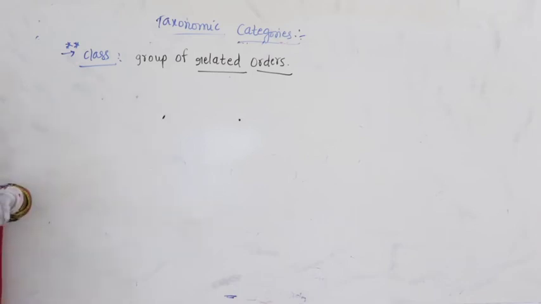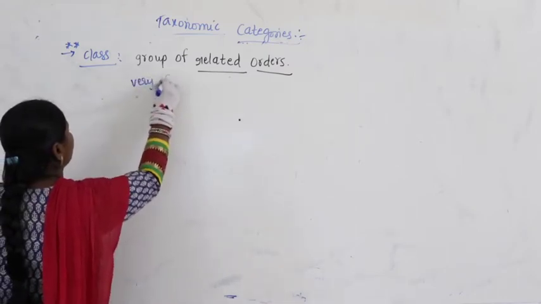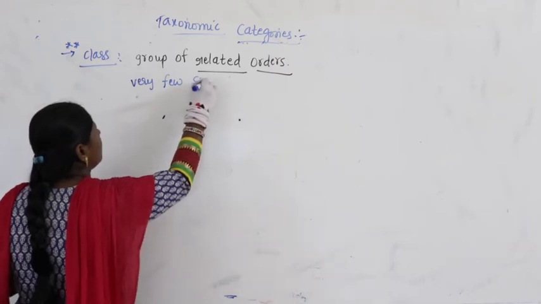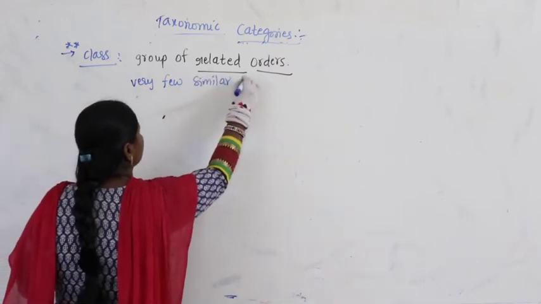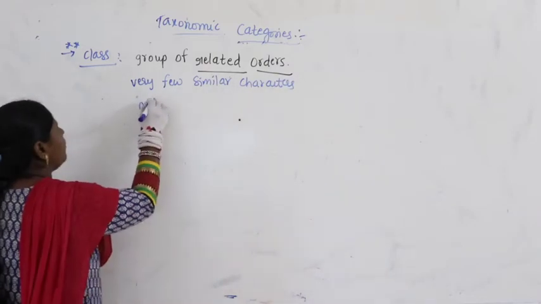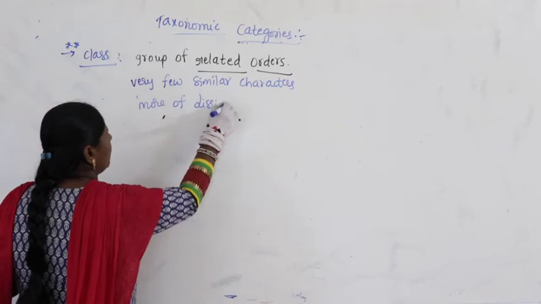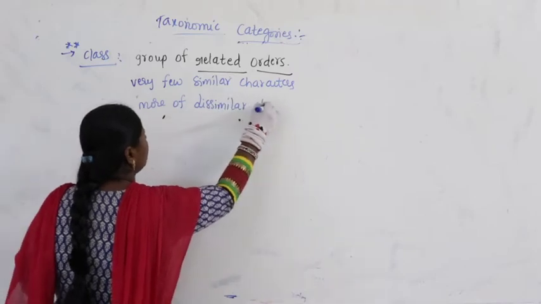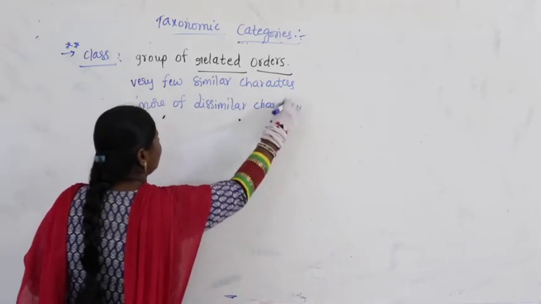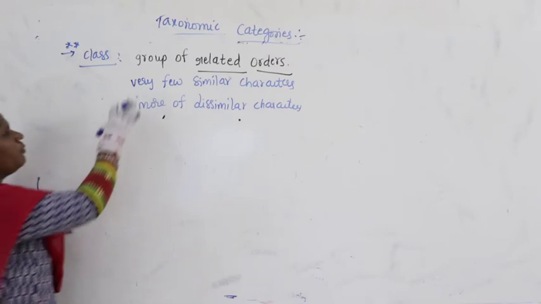Of course, the number of similar characteristics will be very few, that means more dissimilar characters, but still because of a few common points we place them in the same class.